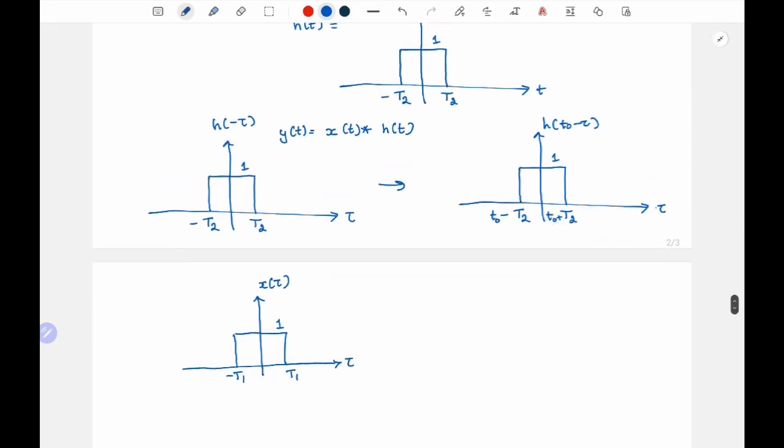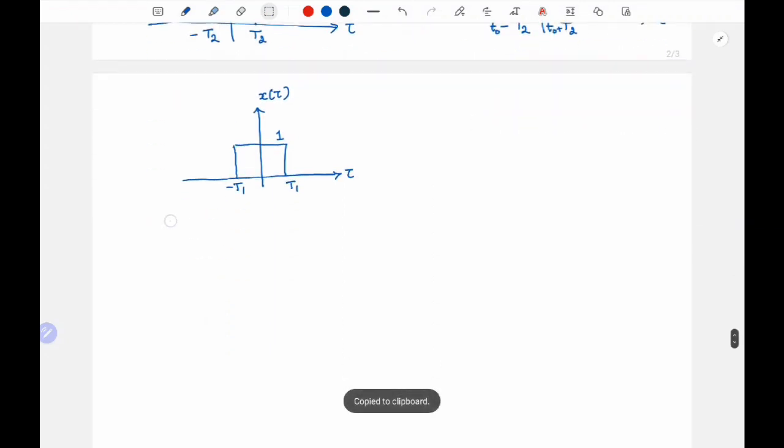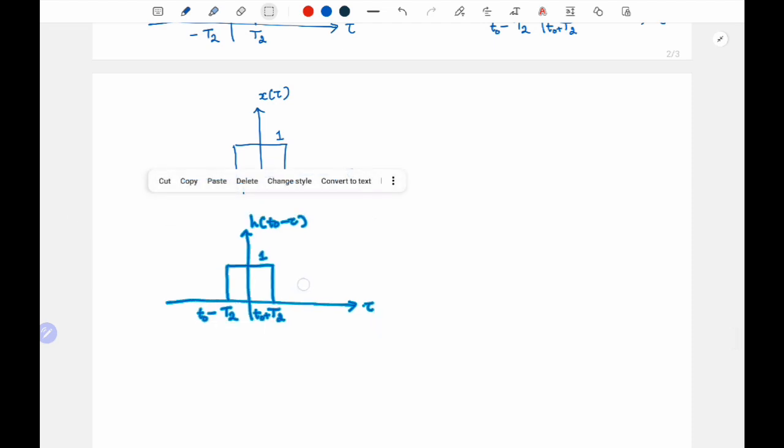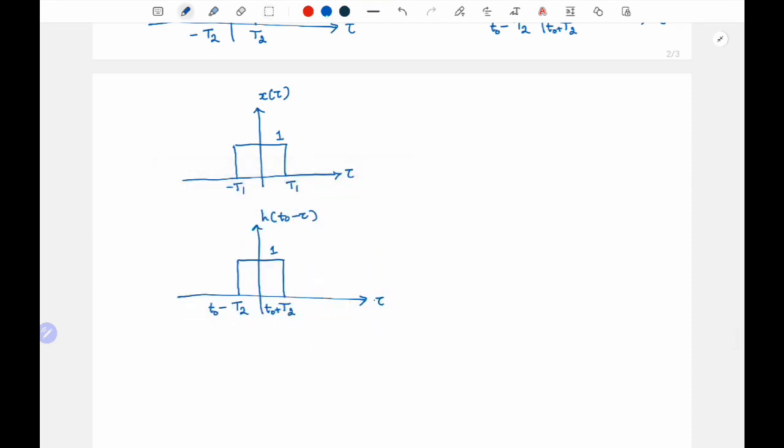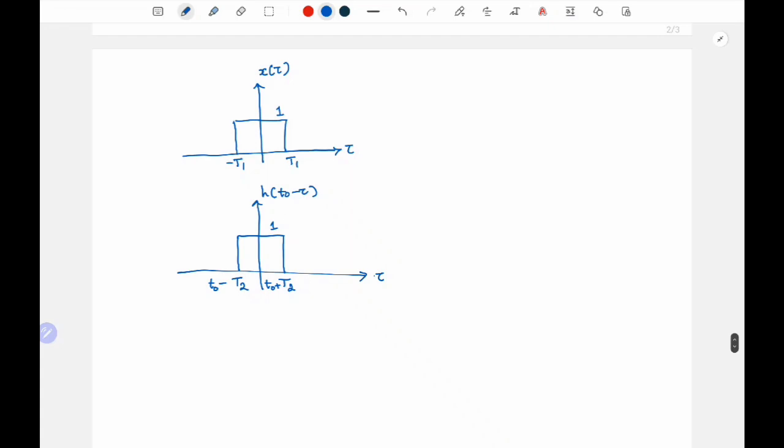Okay, so now we need to consider both these signals, multiply them and take the integration. So we can have many regions, right? To just show that t2 is less than t1, I'll put a shorter pulse. Okay. So now this t0 can be in any region, correct?